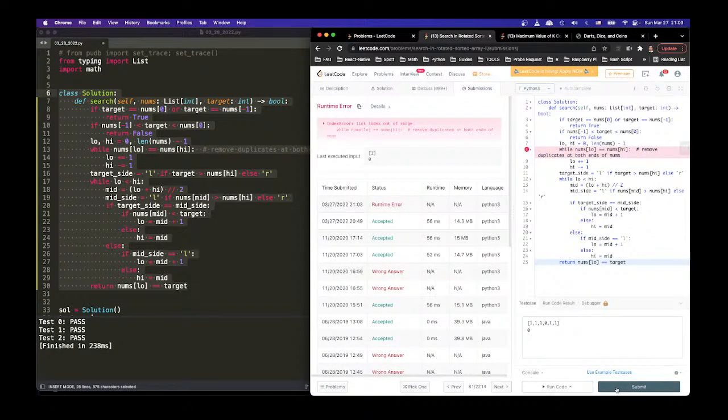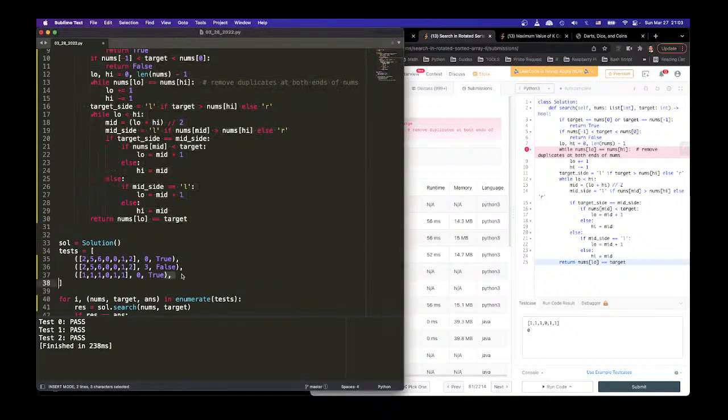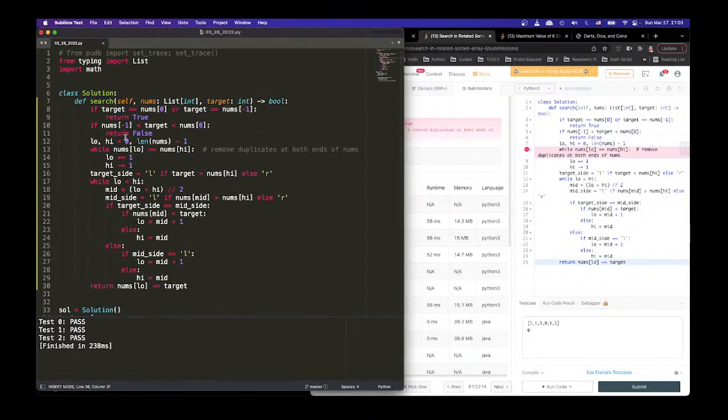Good test case. Shall be false. Low smaller than high.